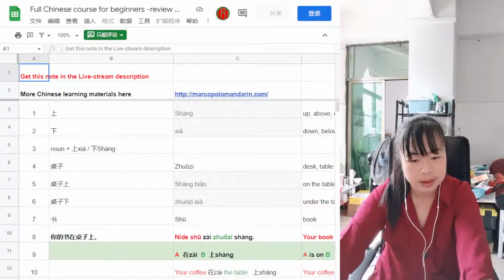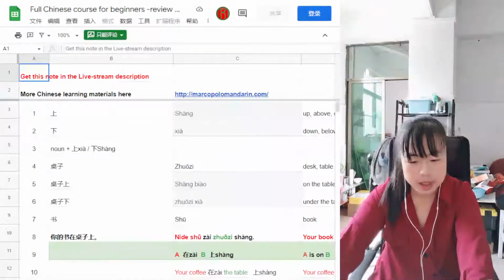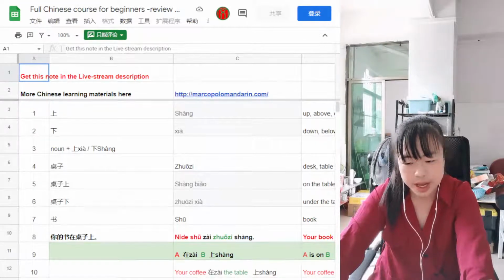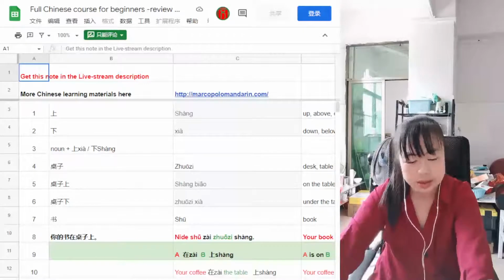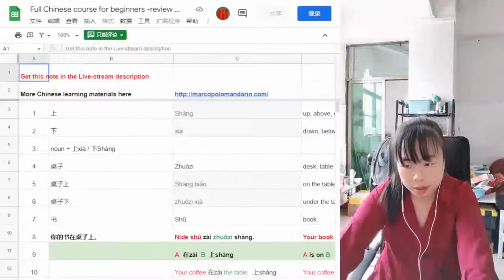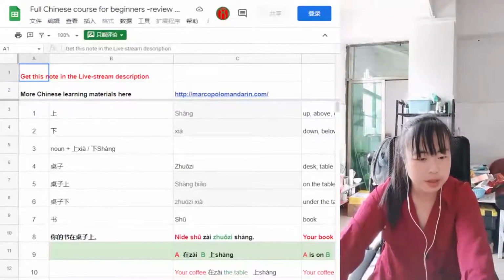So in Chinese, it's A, 在, B. You always keep the order. You just need to replace A with a Chinese word and B with another Chinese word. That's it. Keep the order. Focus on the order. Don't think in English. Focus on the Chinese order.